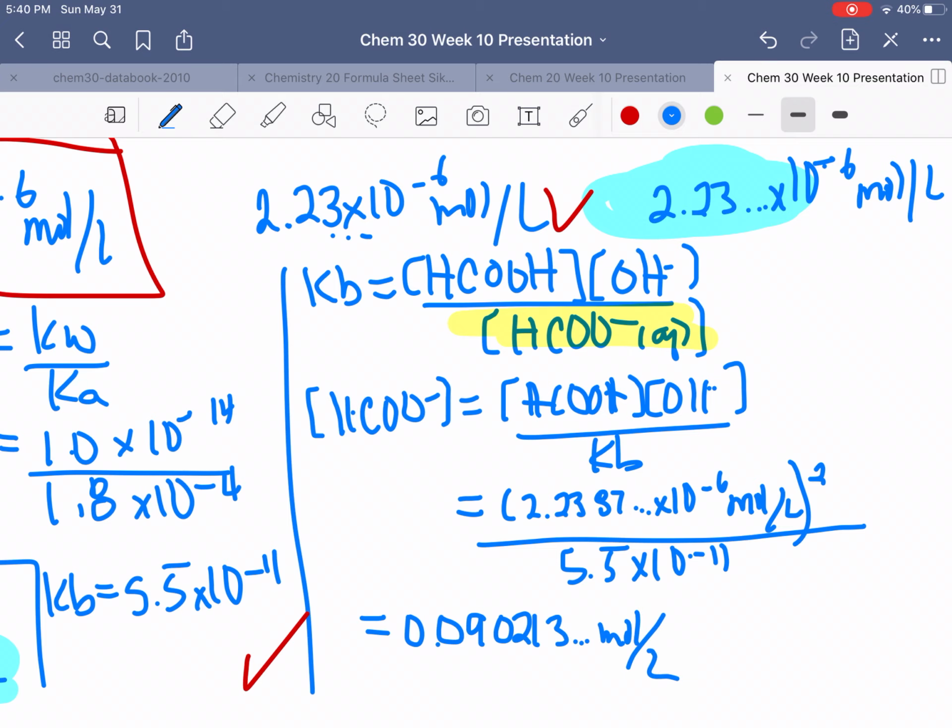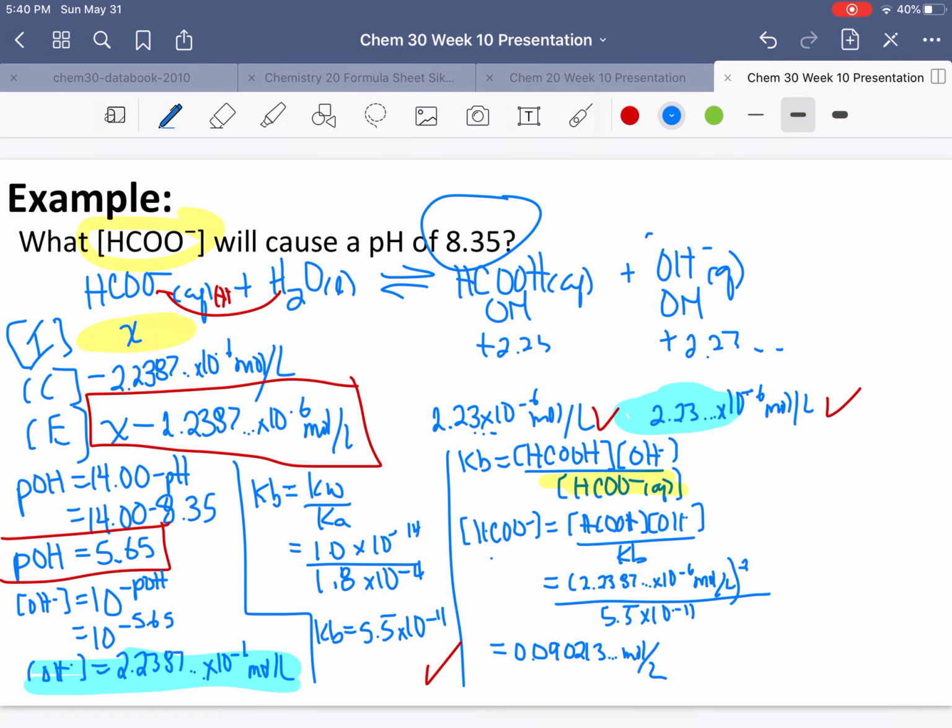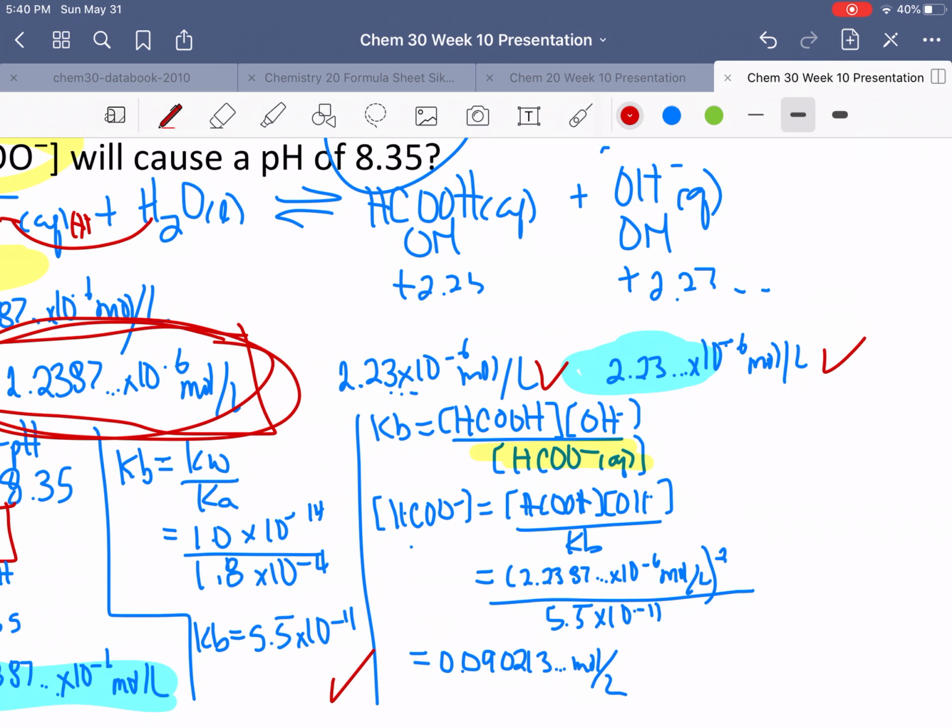Well, guys, that value there is equal to this one, right? So that means to get X by itself, I simply need to take this and add, yay, we're so close, plus 2.2387 ... times 10 to the negative 6 moles per liter.